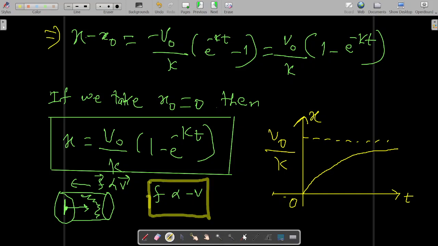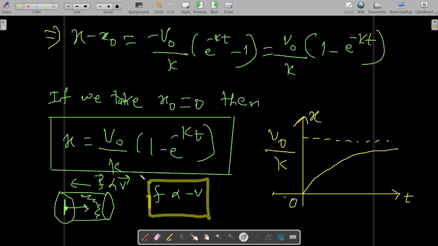Now in this particular case, your object will start traveling in this direction, and it will be slowed down in some time. At t equal to infinity, the object will virtually come to rest.